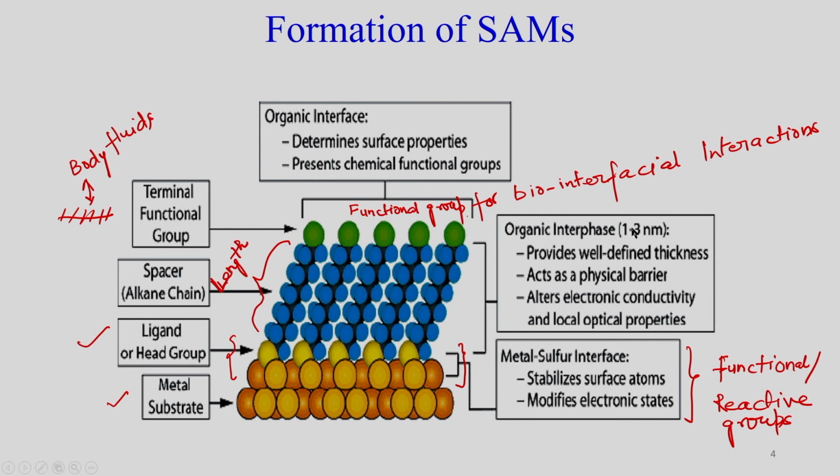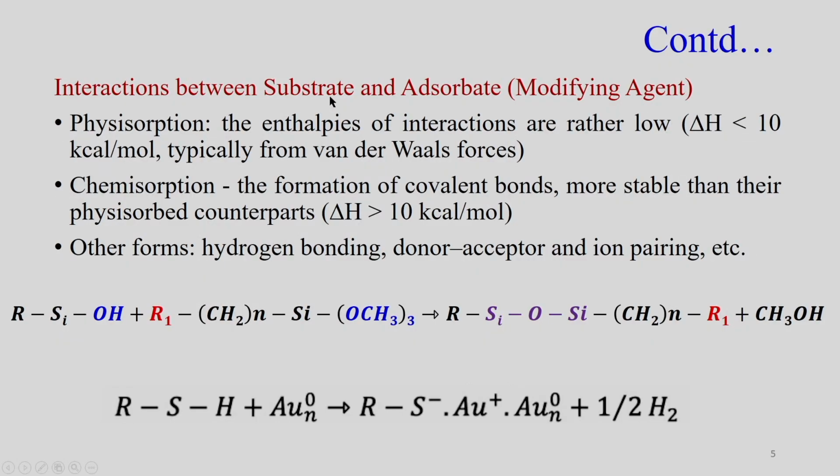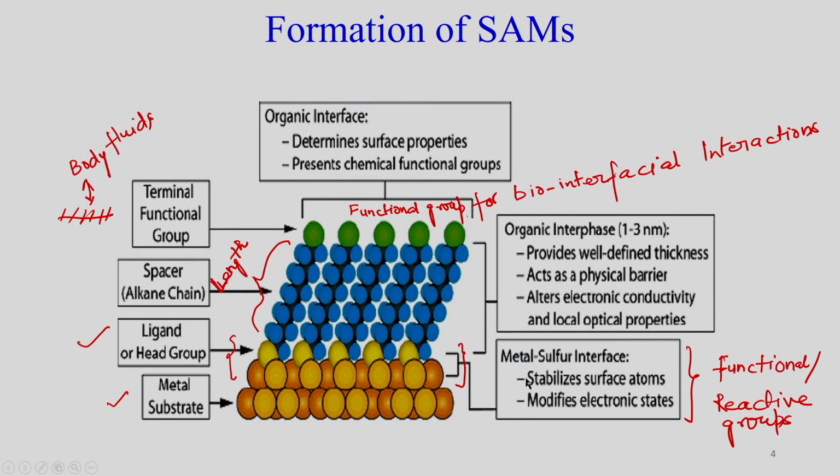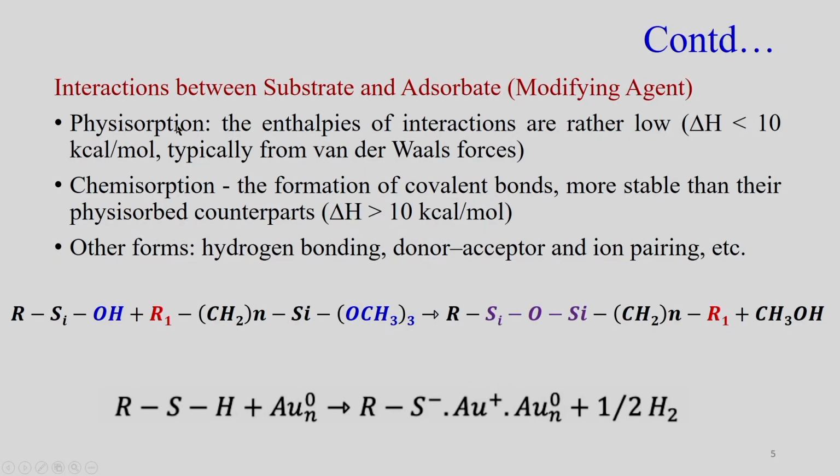This spacer length may be in the range of 1 to 3 nanometer. It will vary depending on the modifying agent. So, this is the overview of a self assembly. Now, the interaction between the substrate and the surface modifying agent may be physisorption, chemical adsorption, or some other interactions.